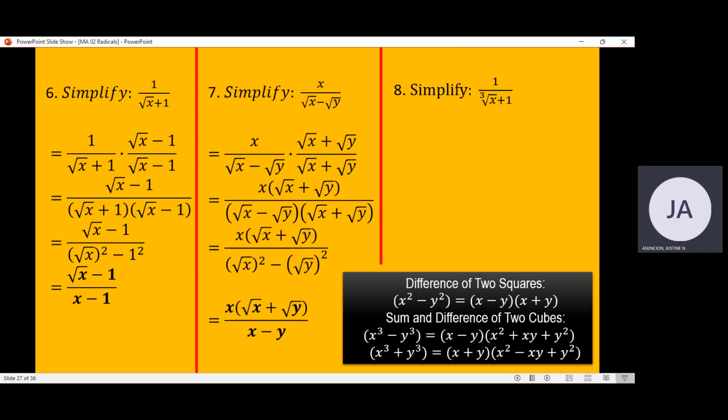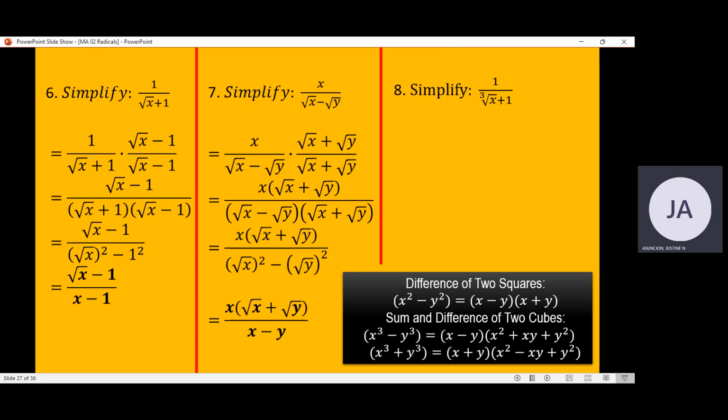And then another example here, last one, 1 all over cube root of x plus 1. So as you can see here, we cannot use again the cube root of x plus 1, and at the same time we cannot use the cube root of x minus 1, right? So here in this case, let's apply the sum of two cubes.